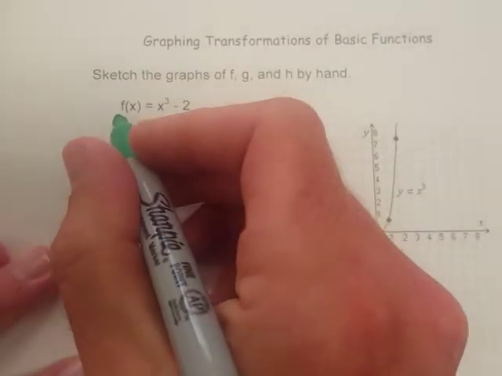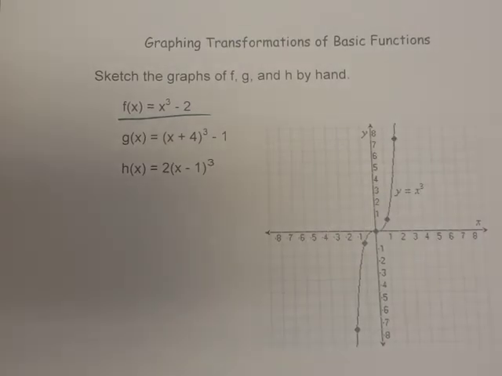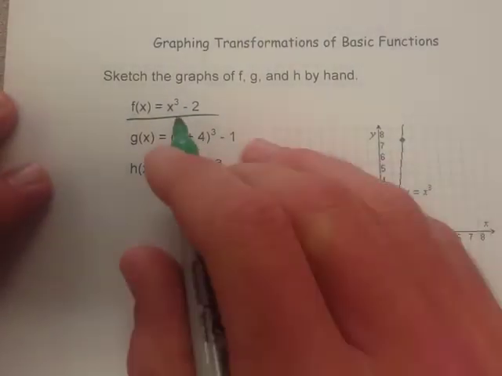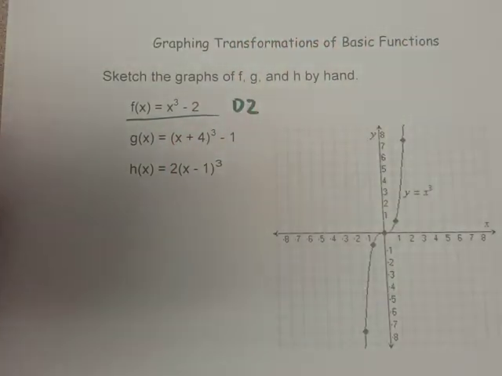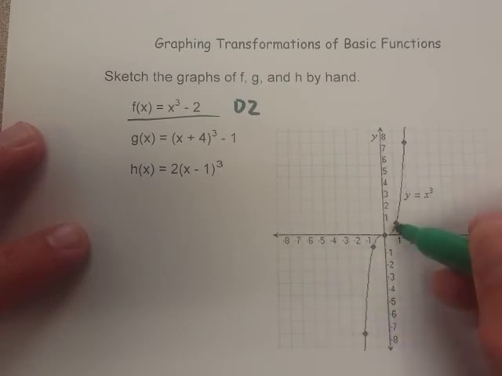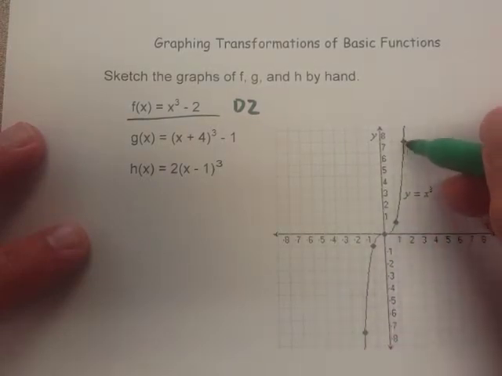First we'll start with f of x equals x cubed minus 2. As we've learned in past examples, this minus 2 means that the graph would be shifted down 2. So when I look at this graph right here, the original, what I'm going to do is identify a few points, which I've already done.